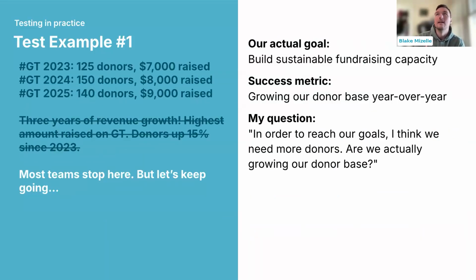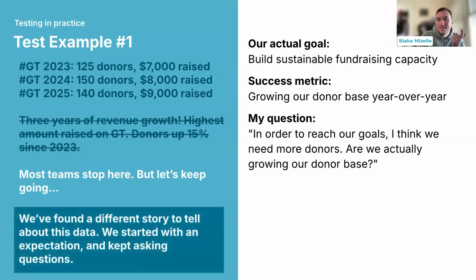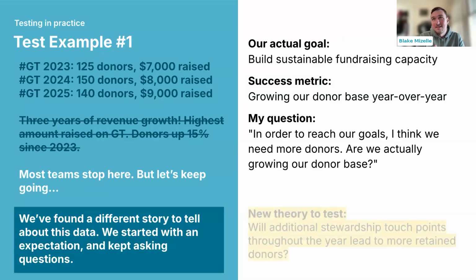Donors aren't coming back. So again, going back to our face value, our initial insight was 3 years of revenue growth, highest amount. Instead, we've found a different story to tell about this data now. We started with an expectation and we kept asking questions.